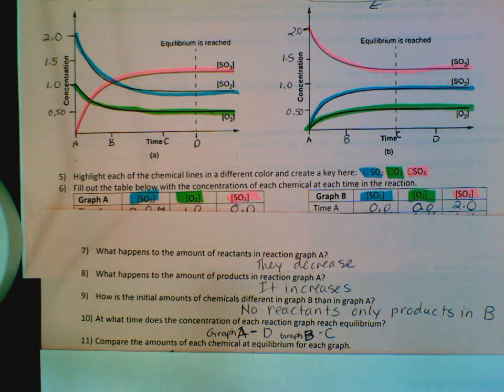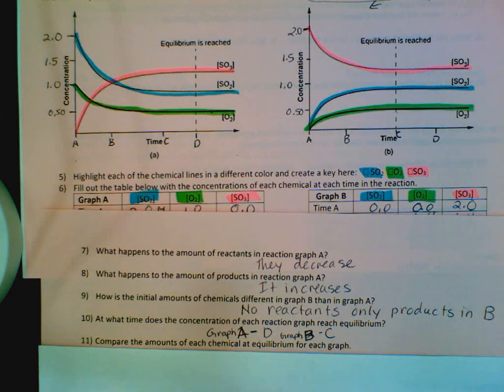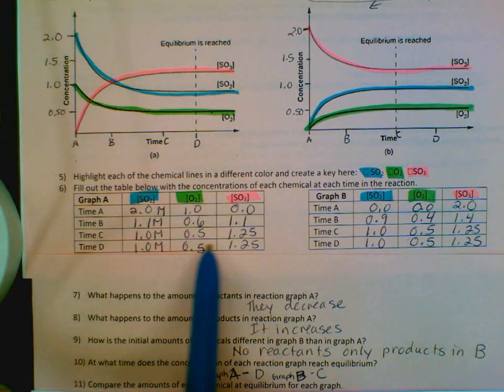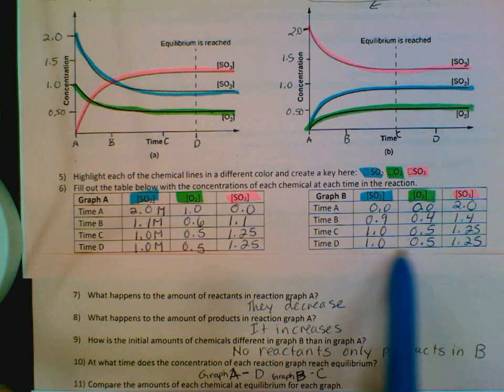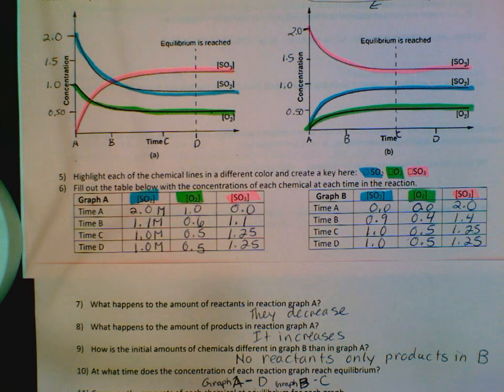So it says compare the amounts of each chemical at equilibrium for each graph. So our comparison, when we get to equilibrium, so these 2 points are the same at equilibrium, and the bottom one is equal or the same as graph D. So their amounts are the same.